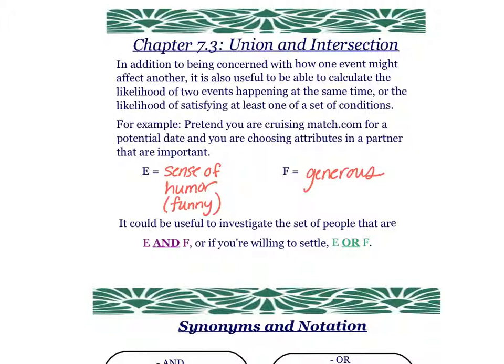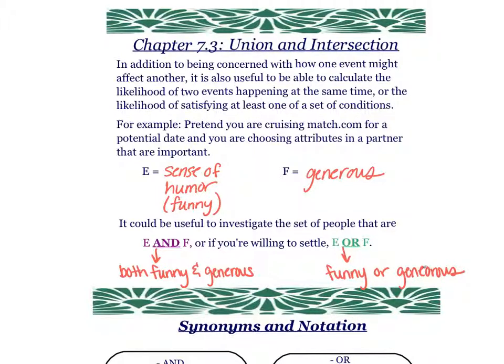It's going to be useful to investigate the set of people that are E and F. So this would mean they are both funny and they're also generous. But you might be willing to settle for just one of these attributes. So that would be a search for people who consider themselves to be funny or generous.